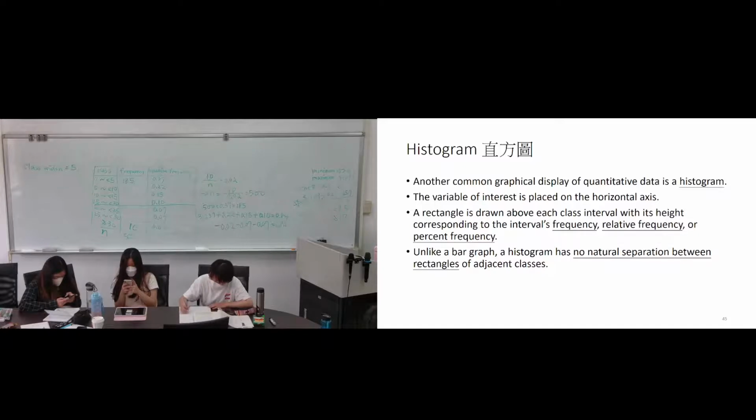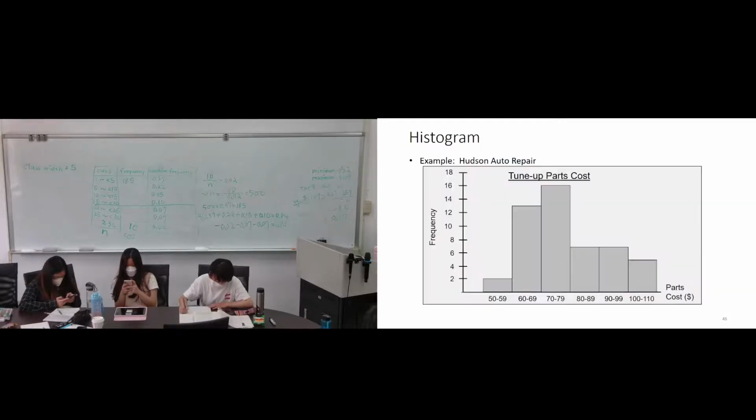Let's see the histogram. If we draw the histogram for the tune-up parts cost, as you can see, we divide the parts cost into 6 classes. For each class, we draw a rectangle, and the height corresponds to the frequency.